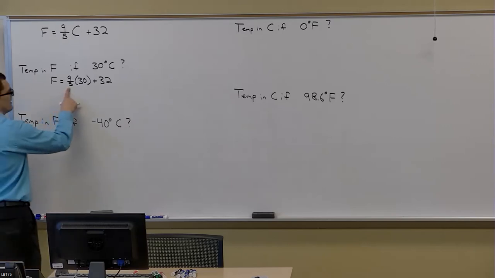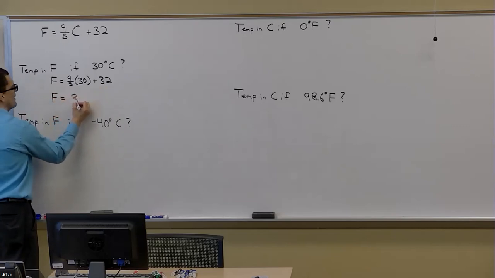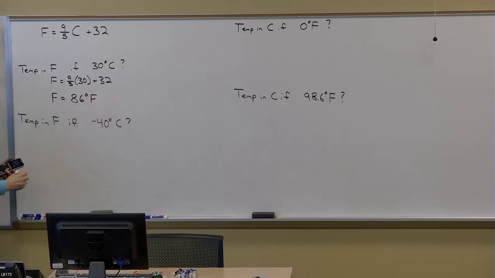I just take 9/5 times 30 plus 32. And the Fahrenheit temperature is 86 degrees. Again, Fahrenheit, if we're at 30 degrees Celsius. That makes sense?